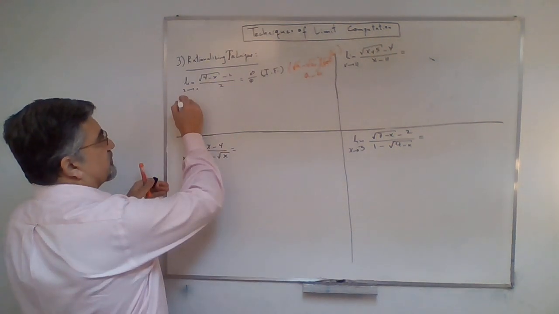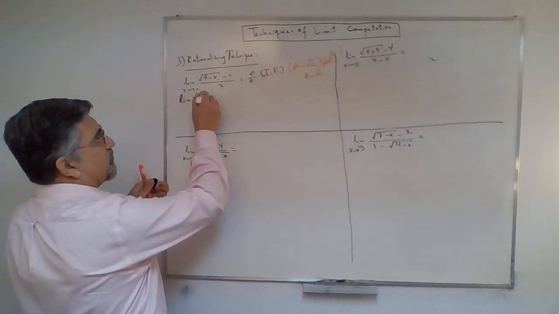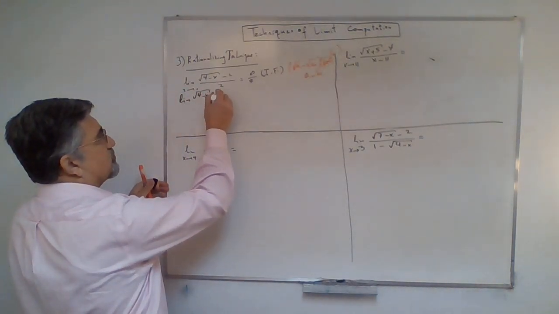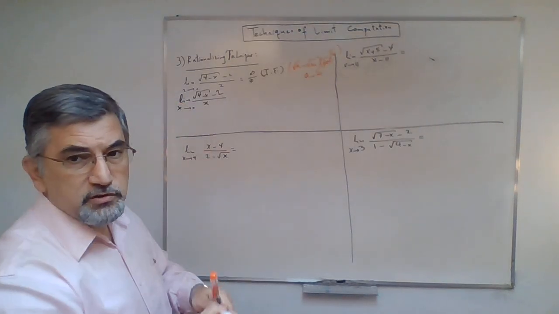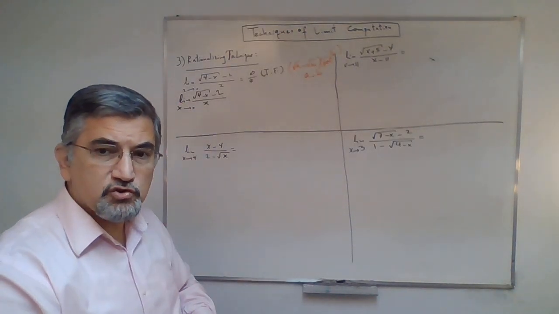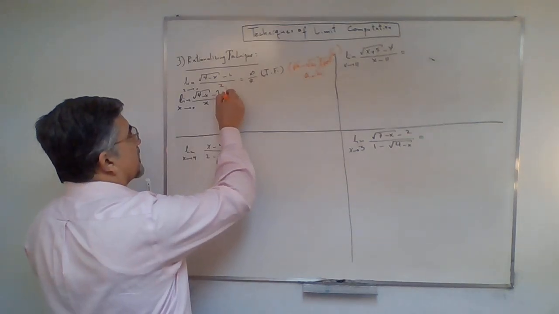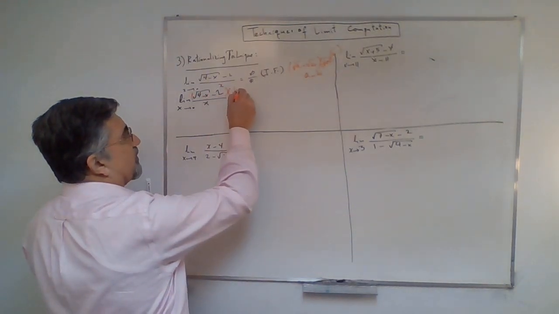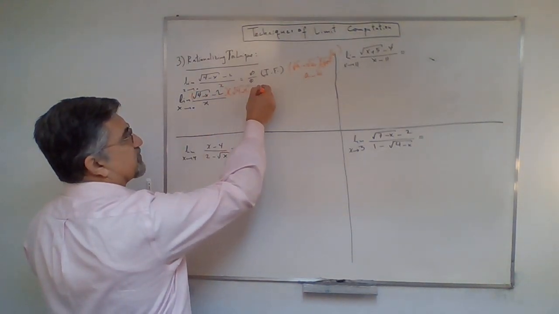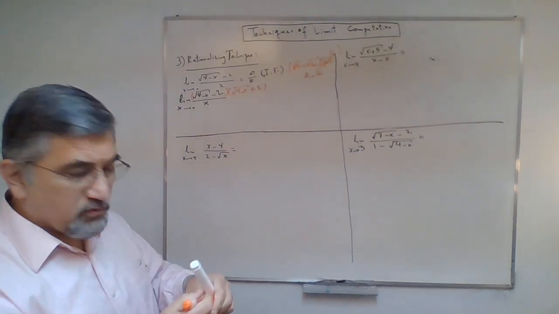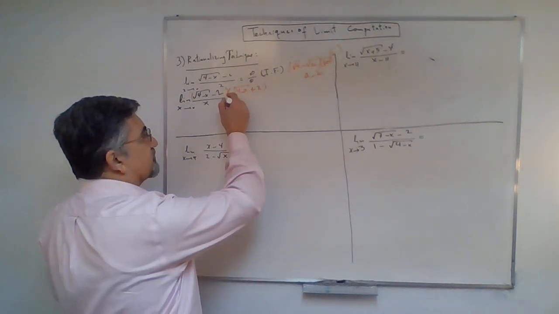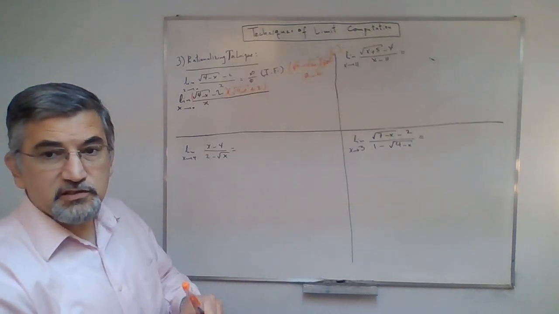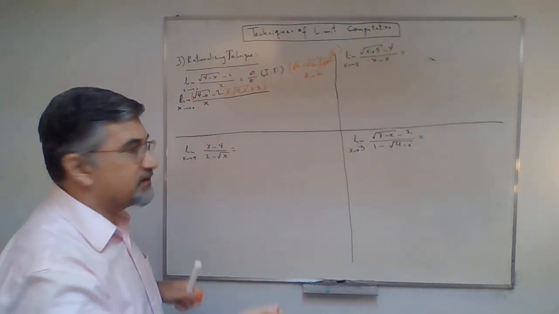So if the numerator is square root of 4 minus x minus 2, I'm going to multiply the numerator by its conjugate radical. So it becomes square root of 4 minus x plus 2. But when you multiply the numerator by an expression, you can't change the problem. So you have to compensate by multiplying the denominator by the conjugate radical as well.